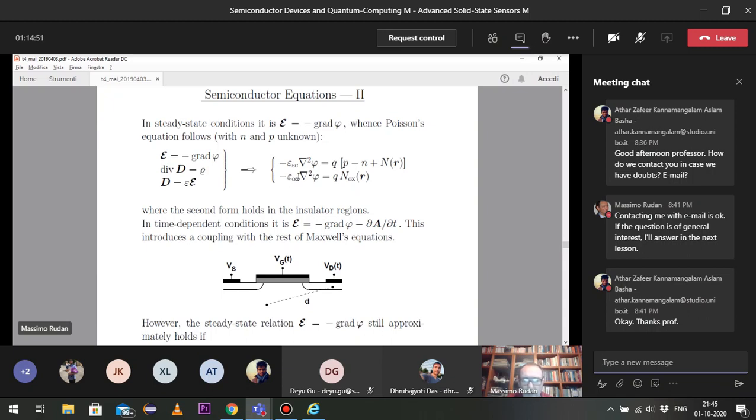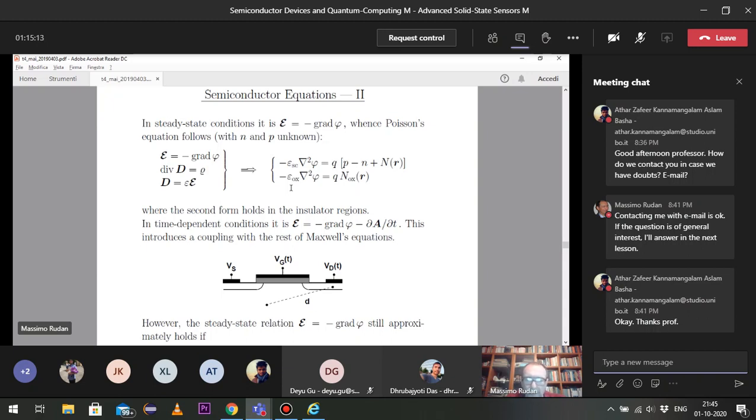So this is why in the second line you have the permittivity with the symbol epsilon ox, because it is implied that it is the oxide of silicon, okay? And on the right-hand side, there are no free charges, so there are no holes or electrons.